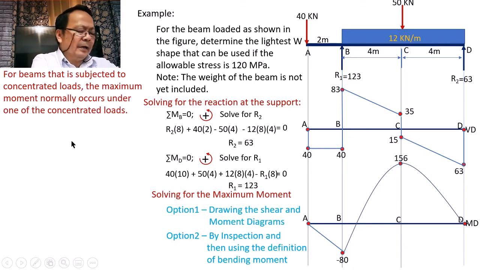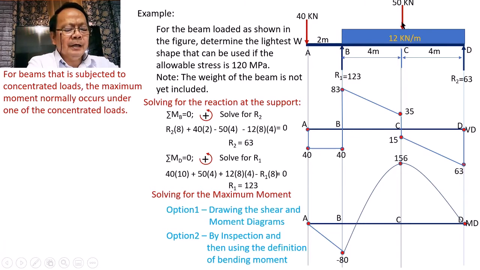Diba? Ngayon, kung titignan natin dito, okay, itong ating loading diagram, meron tayong concentrated loads, okay, at meron tayo dito sa 40, sa dulo, A and D, at meron tayo sa gitna, sa support, at dito somewhere here, which is 50. Diba?